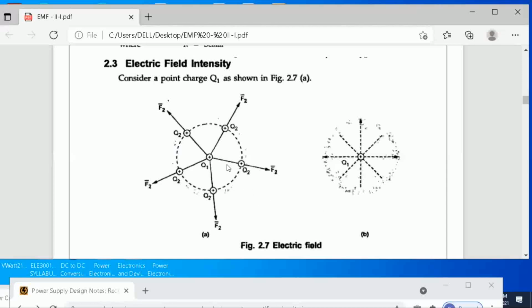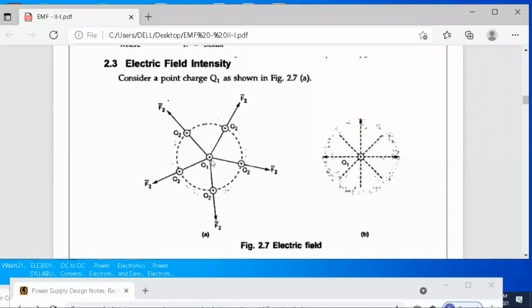So look at it this way. Consider a point charge Q1 here. And you have several in a spherical coordinate system.